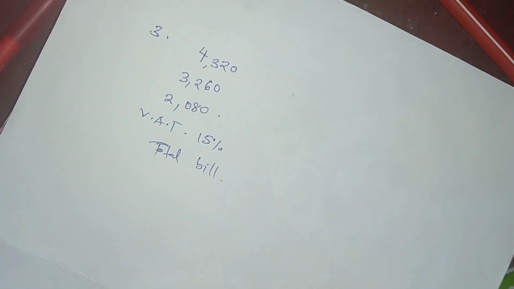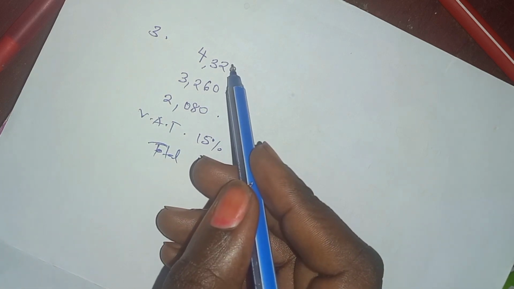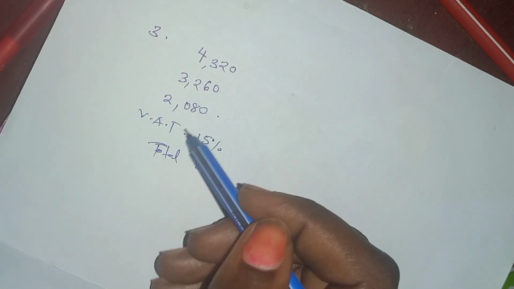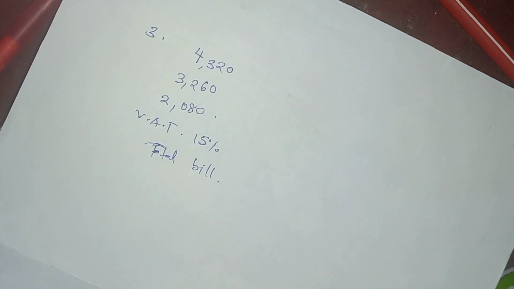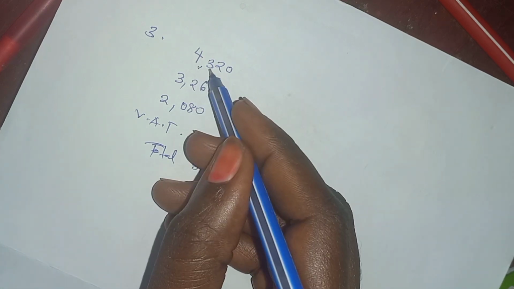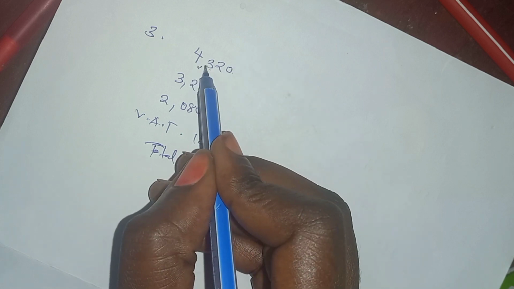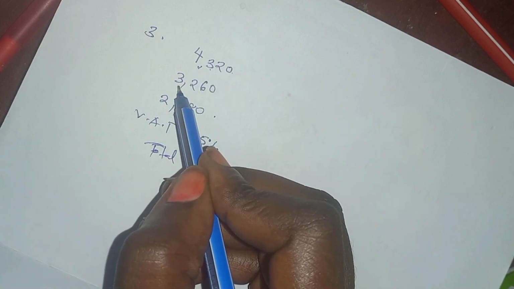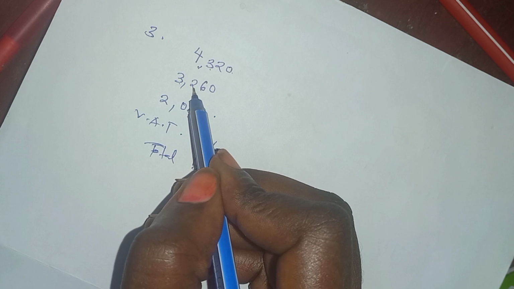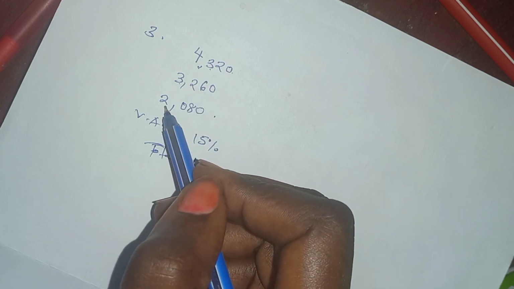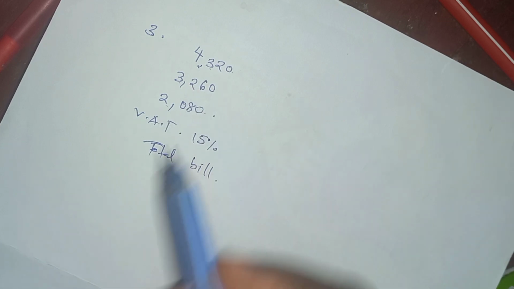Find the total bill. The total bill will be, you get the total of all this, then you add the 15% value-added tax. So when we add 4,320, those kids are really making a lot of noise. 4,320 plus 3,260 plus 2,080.